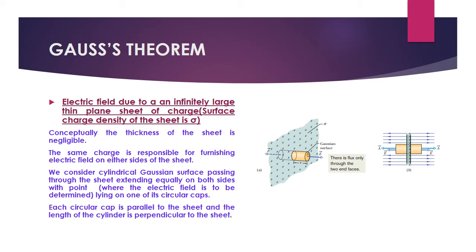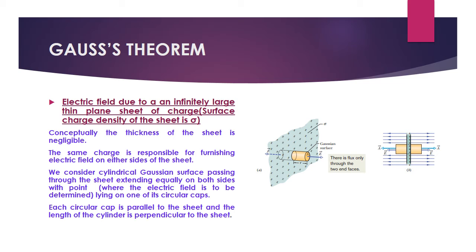The first example of application of Gauss's theorem for finding out electric field due to symmetrical charge distribution is to find electric field due to a uniformly charged, infinitely large, thin plane sheet of charge. The surface charge density of the sheet is assumed to be sigma.